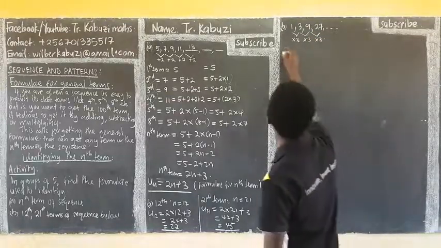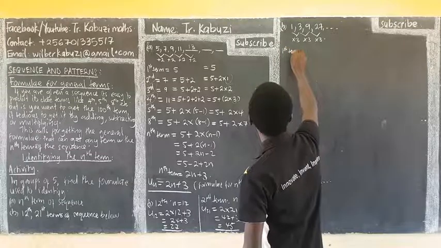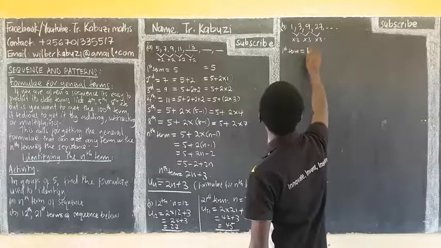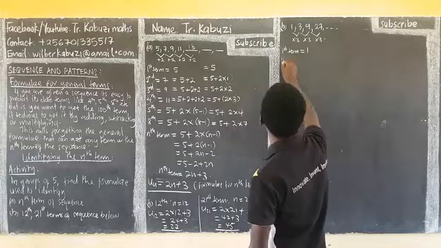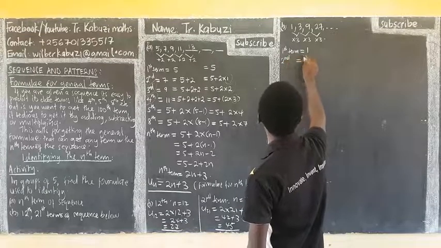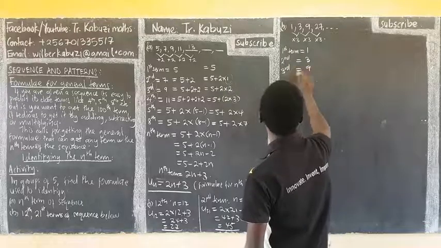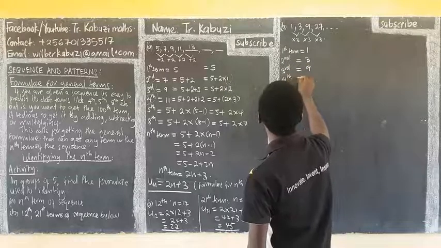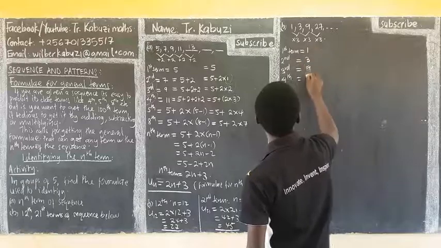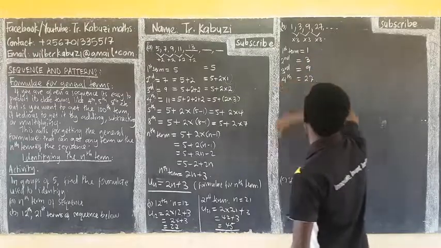Okay, so our first term is going to be 1, not so. Then our second is going to be 3. Then our third is 9. Then our fourth is what? 27. So what do you see?